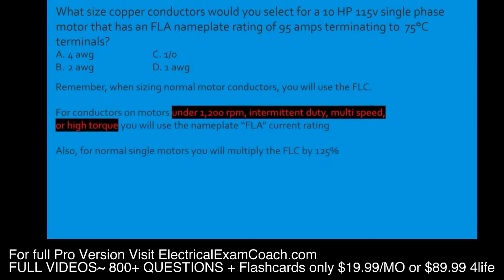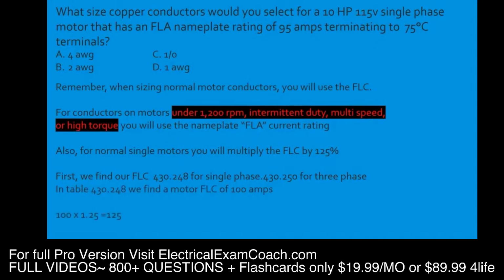Also, for normal single motors, you're going to multiply the FLC by 125%. First, we're going to find our FLC. In this case, it's single phase, so we're going to go to 430.248. Starting on the left-hand side, we're going to find our respective horsepower. Then we're going to come and tee off with our respective voltage. We're going to find that our FLC is 100 amps. Now we're going to take that 100 amps and we're going to multiply it by 125%.